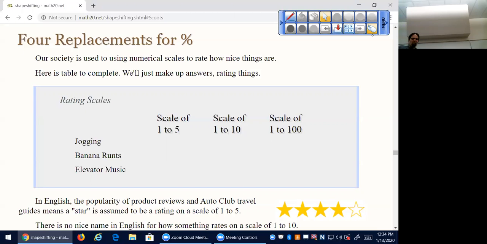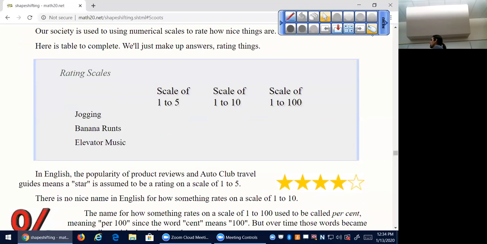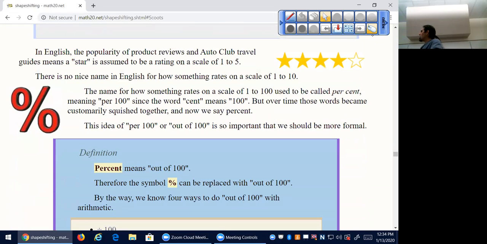There is not really an English word for the scale of 1 to 5, although auto club ratings tend to make people think that 5 is the best if you say stars. So stars is like out of 5. If I say I went to a 4-star hotel, you're probably not going to think 4 out of 100. What a dump. Right? For 1 to 10, there really isn't a name.